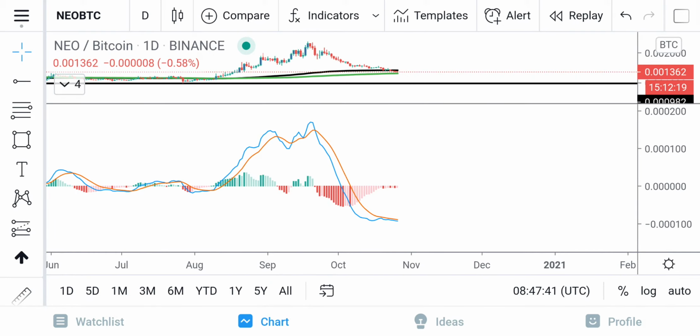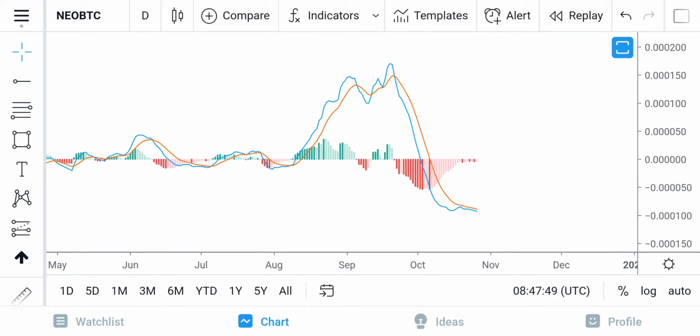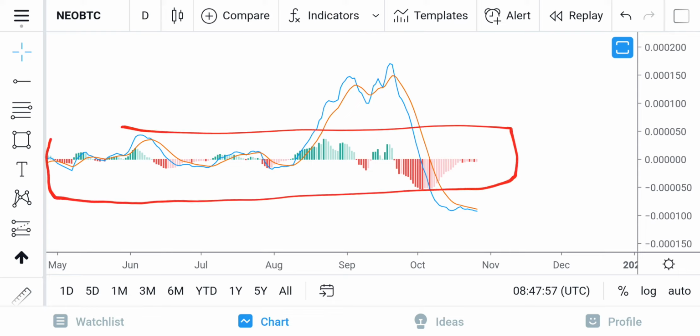So the important thing to note is, first, this indicator measures momentum in the market, and the histogram helps you to know what type of momentum that is in the market.